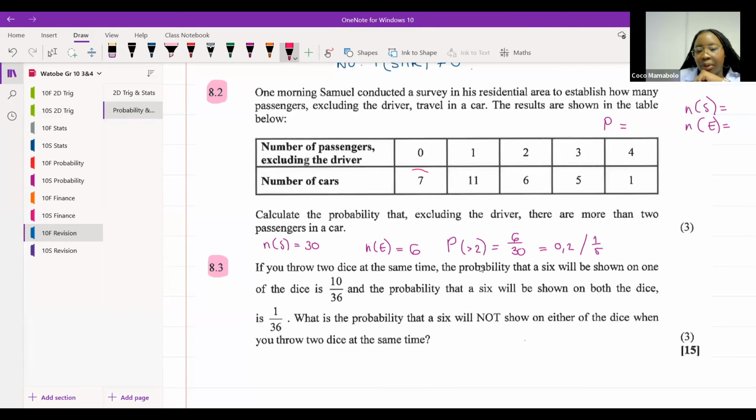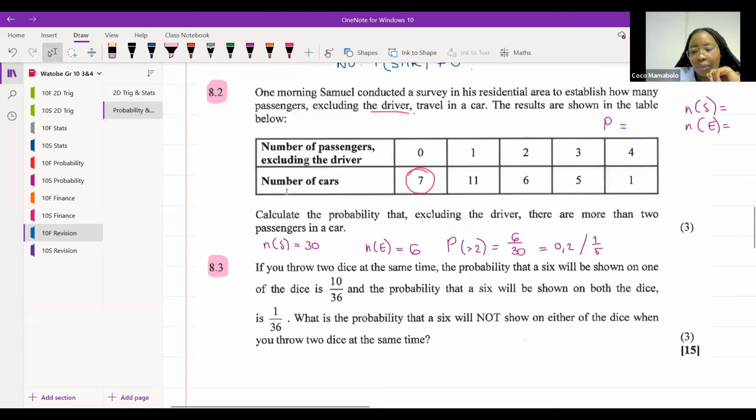That means these 7 people, or this number of cars, is actually 7 drivers, correct? Agree? Yes. Good. So the question says we are not to include the driver, excluding driver. So are we then going to still include these 7 people? This is me trying to rationalize this in my head.